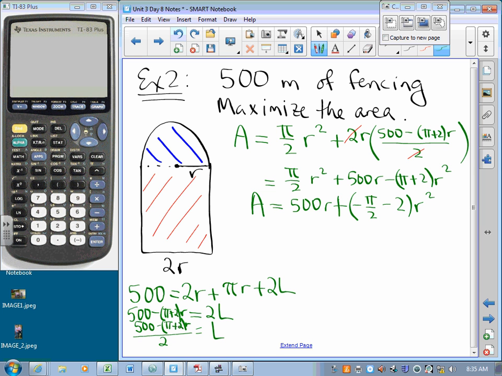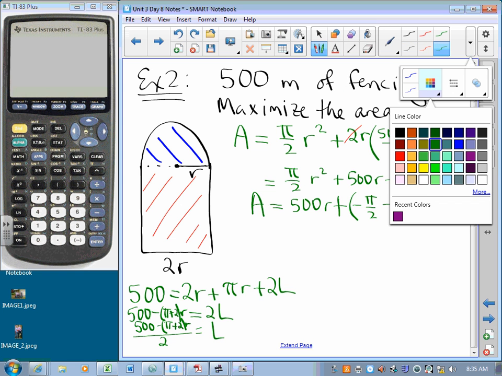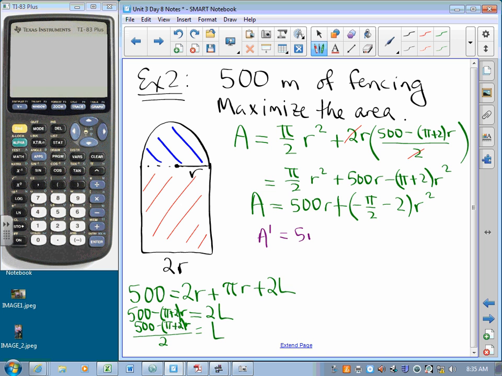I know at a critical point, the area function's derivative is 0. So A prime is 500 plus 2 times negative pi over 2 minus 2. Oh, really? I went all magic pen, did I? So sorry. Let's try that again. 500 plus 2 times negative pi over 2 minus 2r.